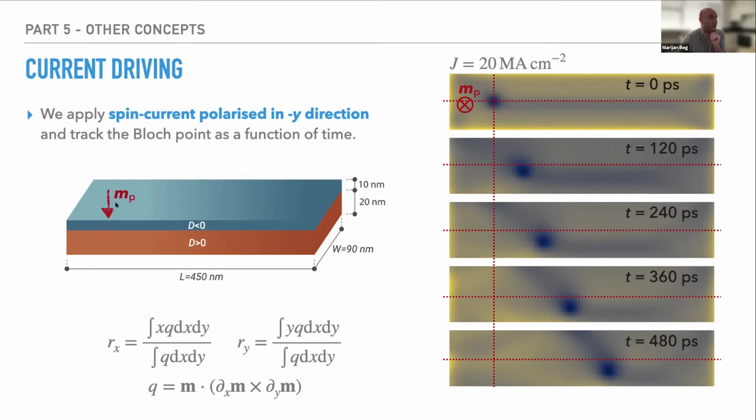These formulas here are the same formulas you can see in many papers to track skyrmions. So by computing the topological charge in this 2D layer here, can you see my cursor? Yes, so by computing the topological charge in the top layer, basically we're tracking the vortex, and by tracking the vortex, we also track the Bloch point, which is right below it.